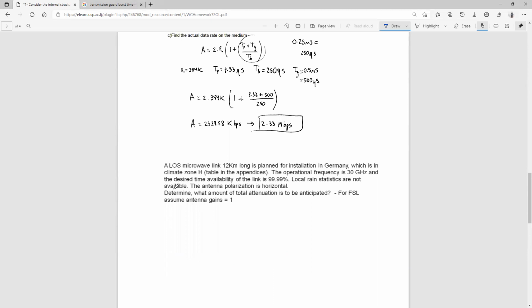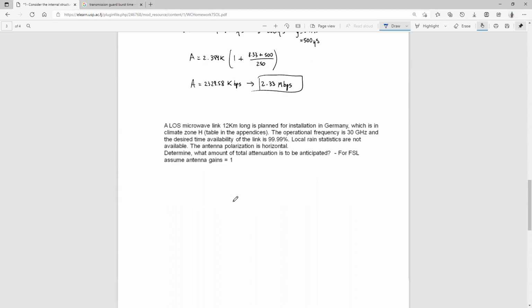Local range statistics are not available. The antenna propagation is horizontal. Determine the amount of total attenuation to be anticipated for free space loss, that is FSL. Assume antenna gains to be equal to 1.